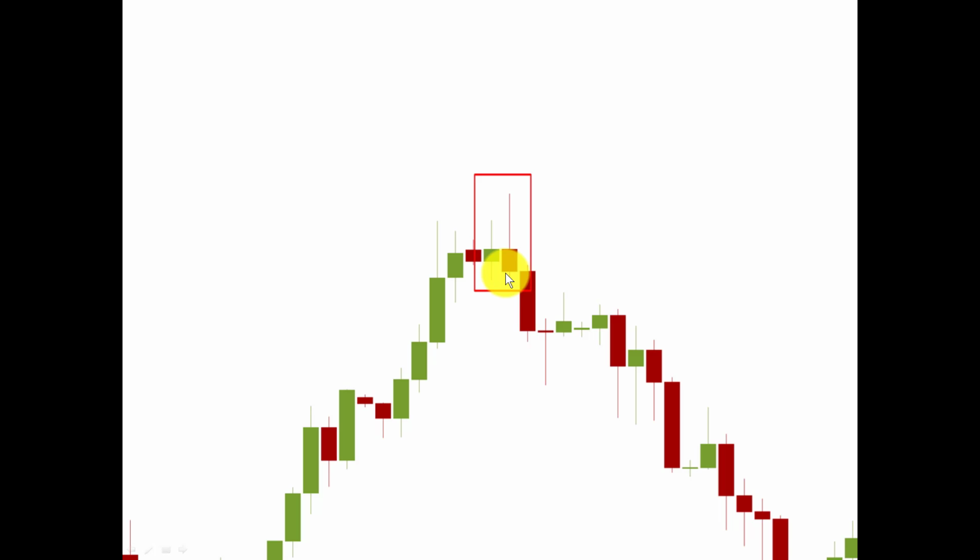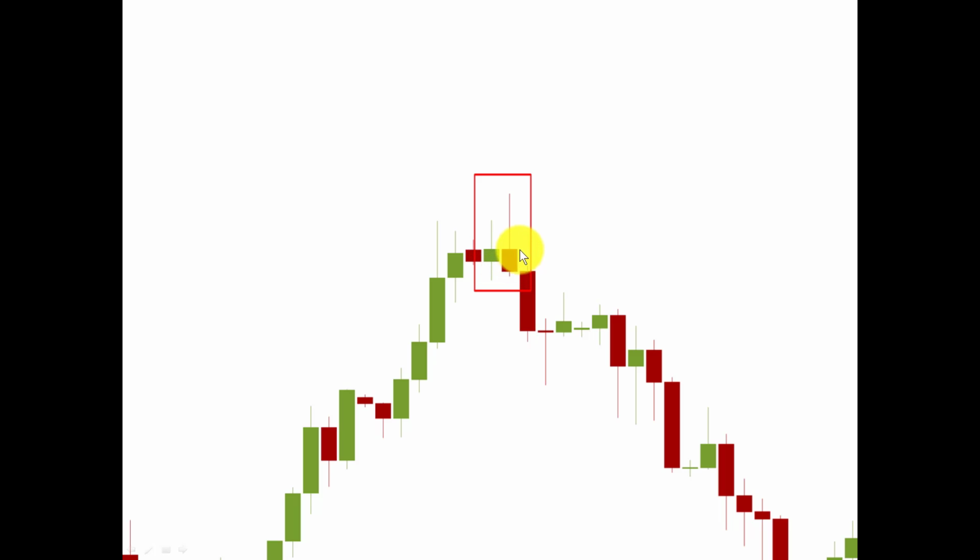Now the pattern has greater reliability when the open price of the engulfing candle is well above the close of the first candle. If this opening was even higher than this closing, then it also tells you that the buyers actually tried to push the prices higher, but eventually they were closed lower during the closing of the day.